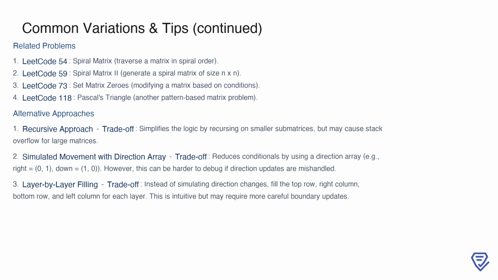This reduces the need for conditionals but can become tricky to debug if direction updates are mishandled. Finally, a layer-by-layer filling approach focuses on filling each side of the matrix, top row, right column, bottom row, and left column, one layer at a time. While this method is intuitive, it requires careful attention to boundary updates to avoid errors.